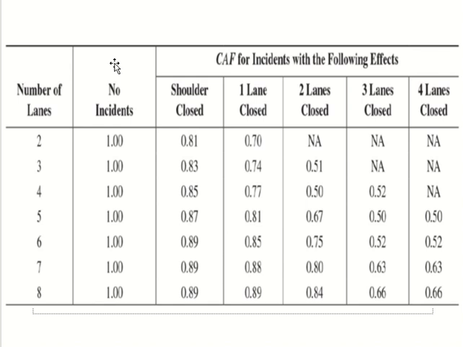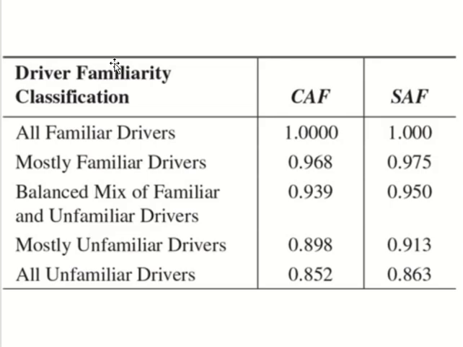Why are these values not available? The number of lanes closed is the same as the number of lanes you have. That means the road is blocked. There is no flow, the road is closed, there is no operation of traffic on it. So those values are not required.